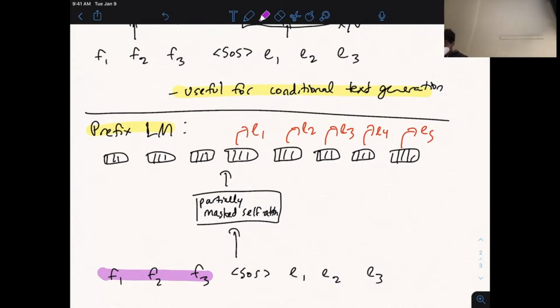So F1, F2, F3, this is the input to my model, right? So I'm going to always look at them, and I'm going to apply the masking, like that triangular mask, only on the decoder side.